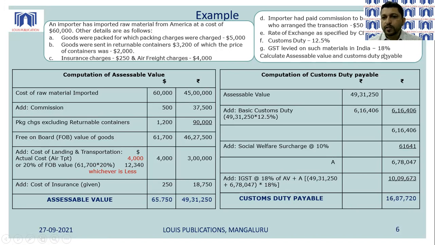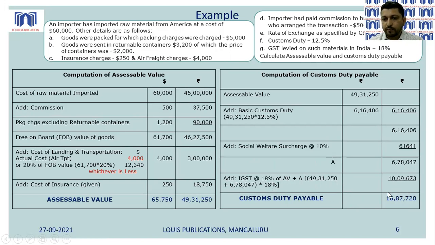Then IGST is levied at 18%. So IGST at 18% is on the assessable value, that is 49,31,250, plus the A value, that is 6,78,047. If you total, you get 56,09,297.